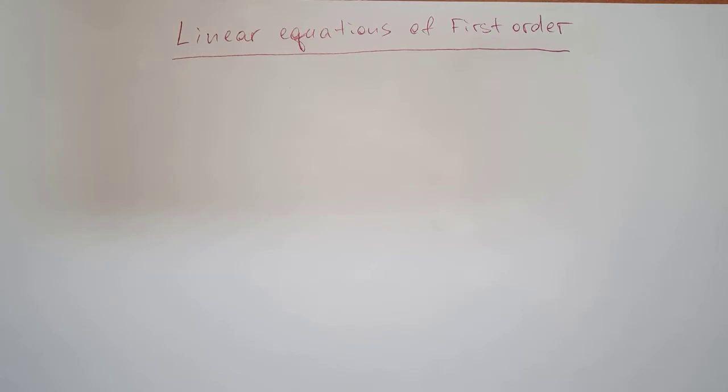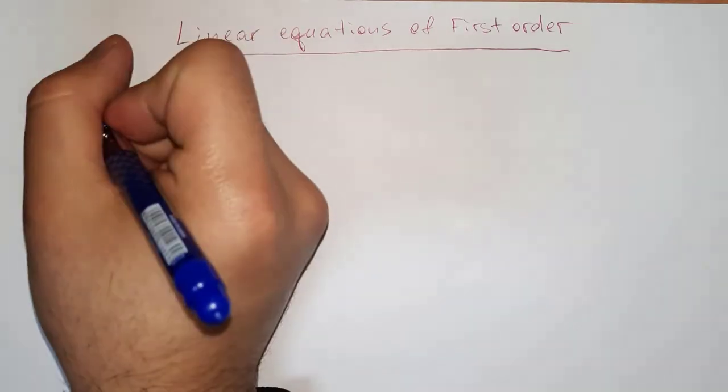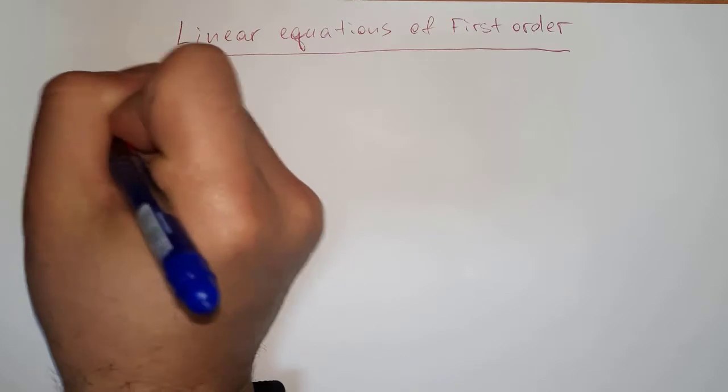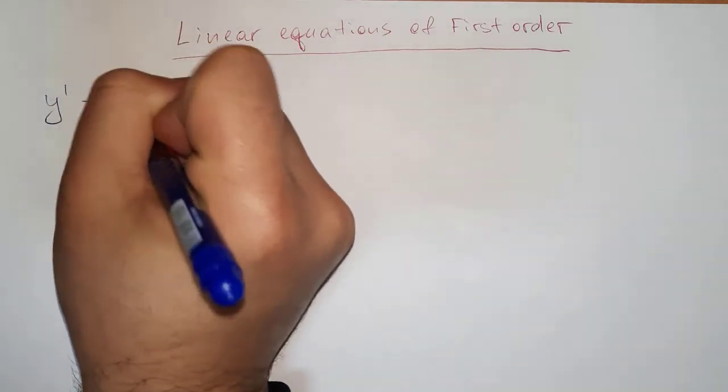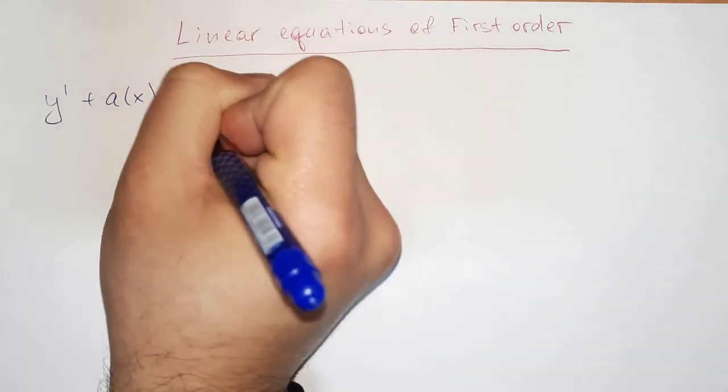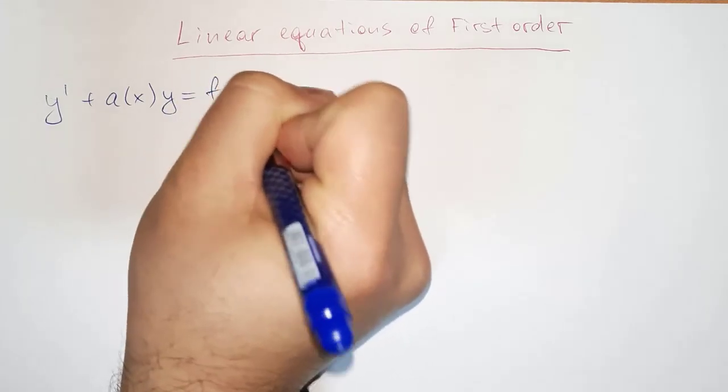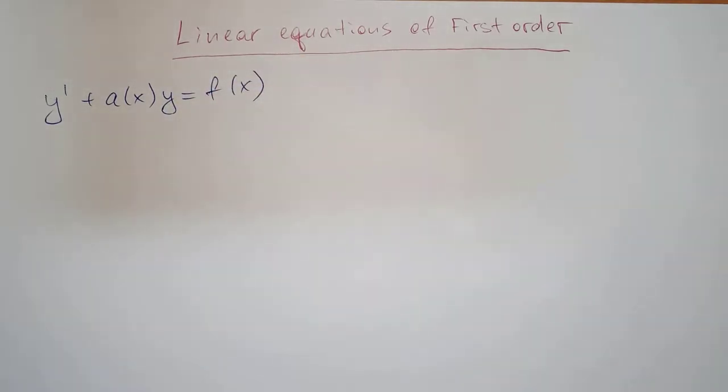A differential equation of type y prime plus a(x) y equals f(x), where a(x) and f(x) are continuous functions, is called a linear non-homogeneous differential equation of first order. If the right side of our equation, so f(x), is 0, it will be homogeneous.